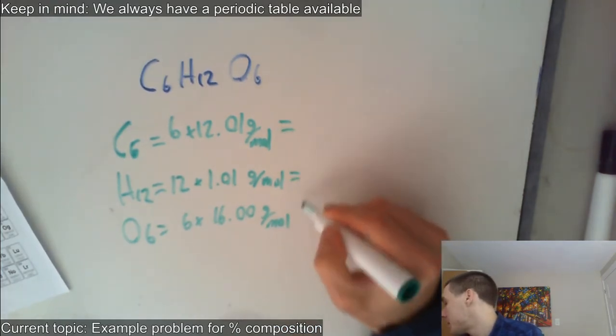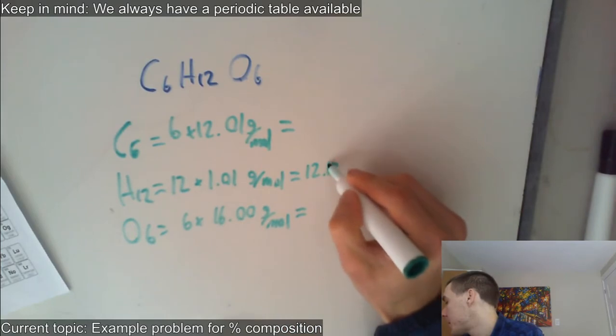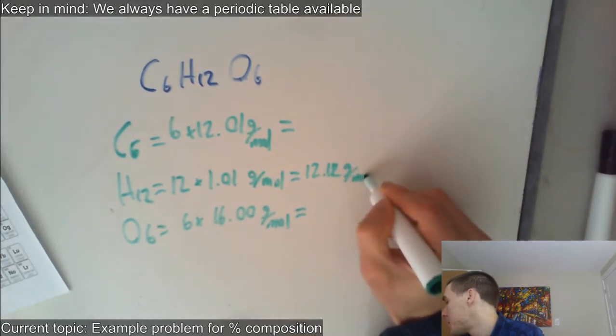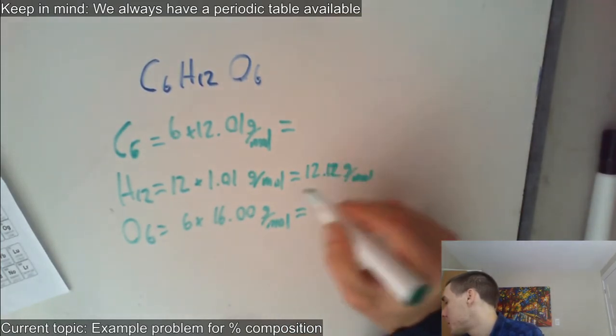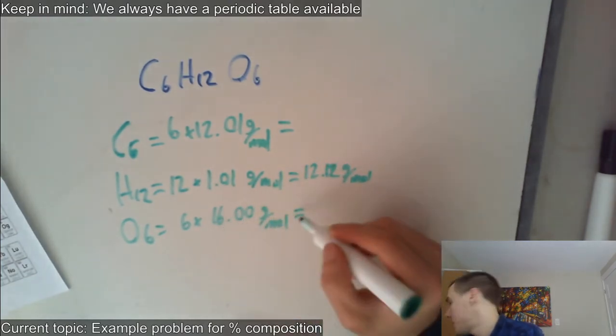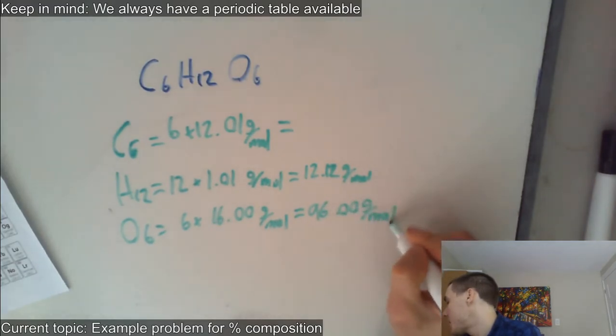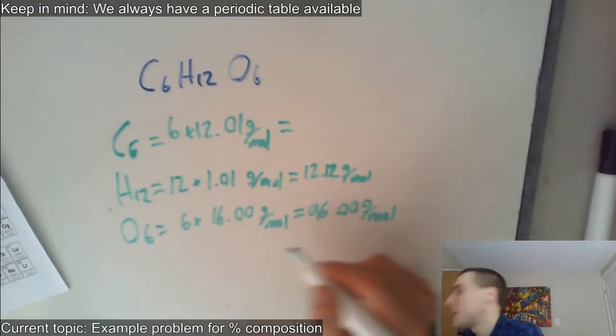And then I'll do the multiplications. This one's obviously 12.12 grams per mole. This one would be 96 grams per mole, just multiplying the 6 times the 16.